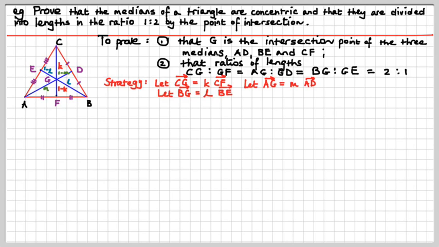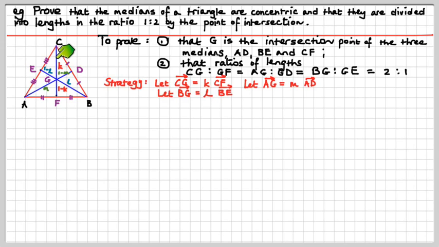So the strategy is I'm going to define some pronumerals here, because I can't do anything unless I do that. Let CG be K times CF, where K will be a fraction, and we're hoping it'll be 2/3, because if that's divided into the ratio 2:1, that's 2 parts out of 3.